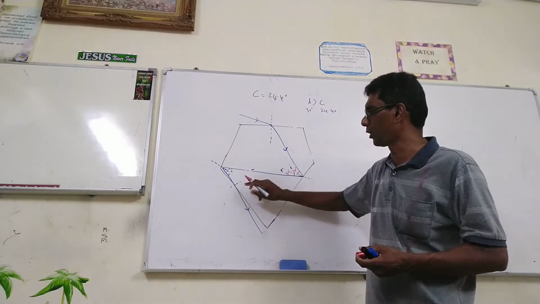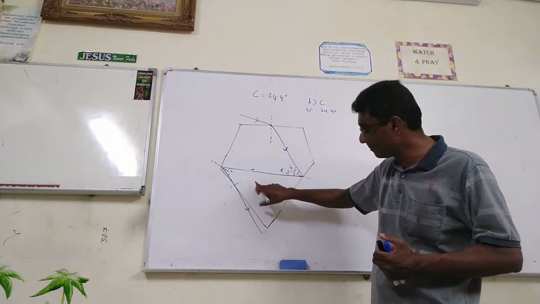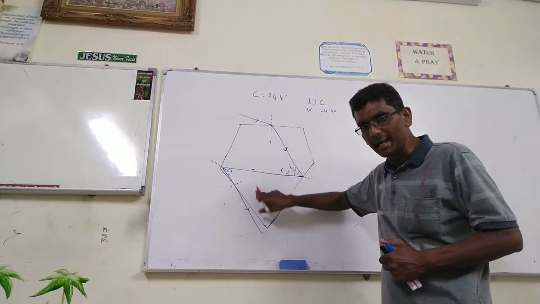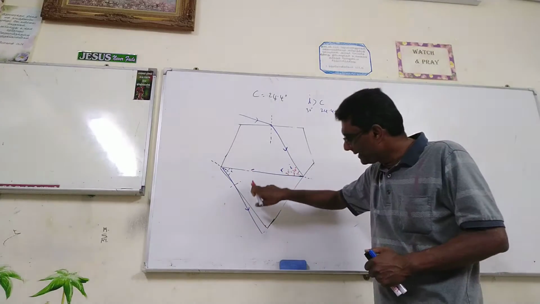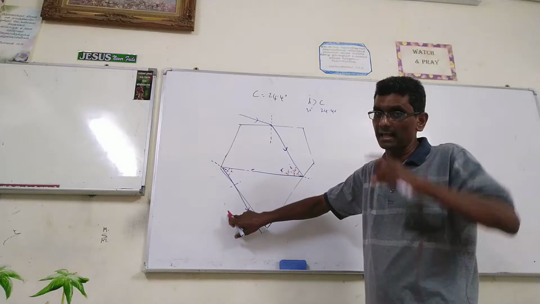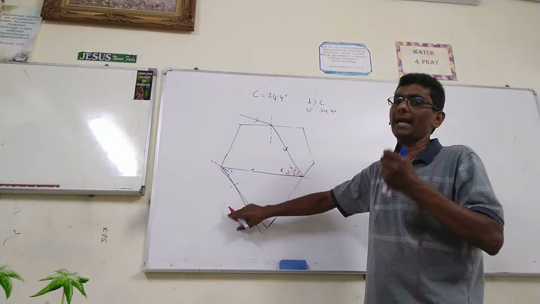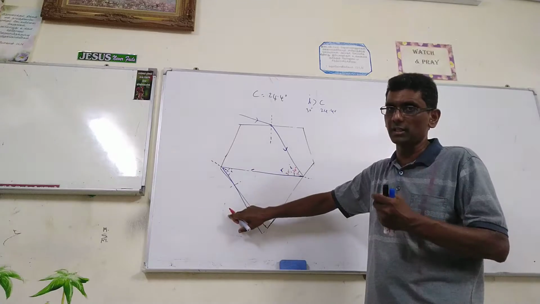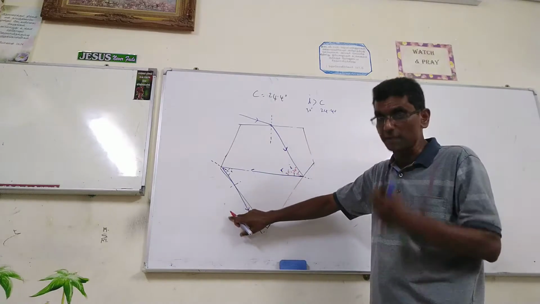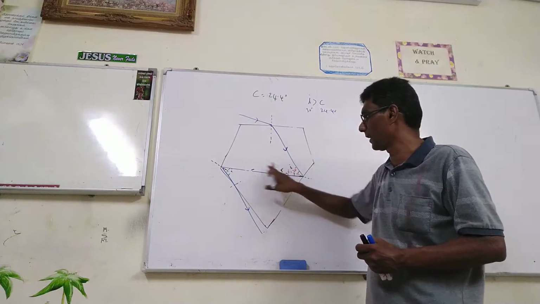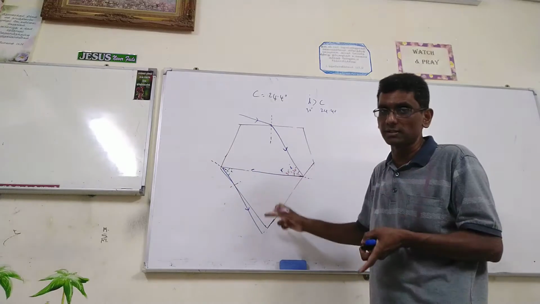Because the light ray is traveling from diamond into air, higher density into lower density, the light ray comes out from the diamond into air. So this must be the angle of refraction. This one is the angle of reflection, because of total internal reflection.